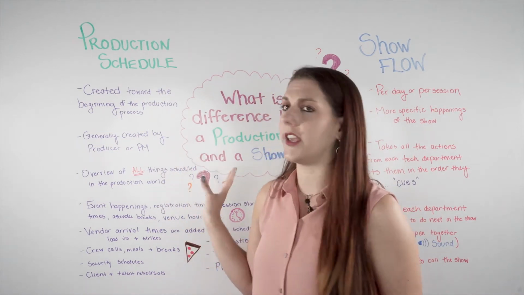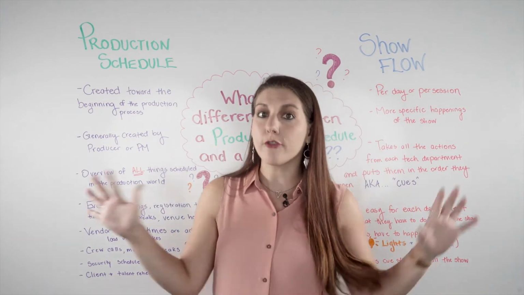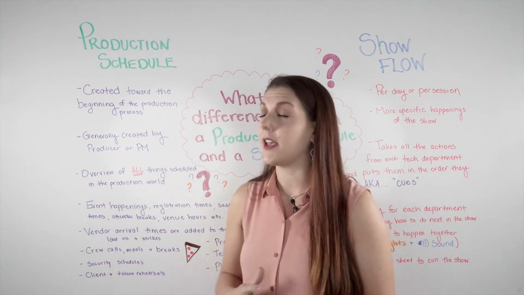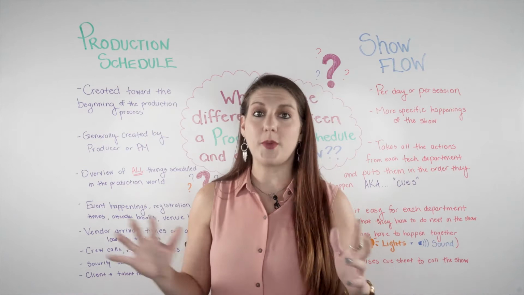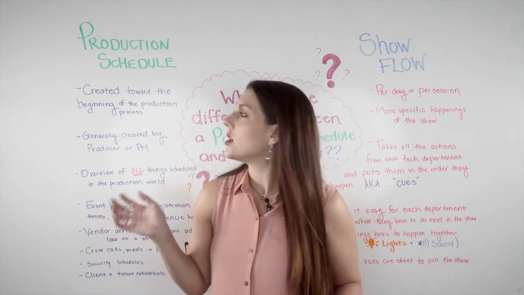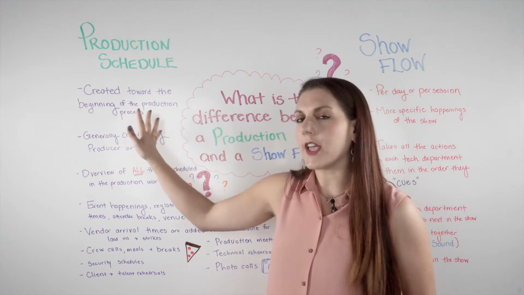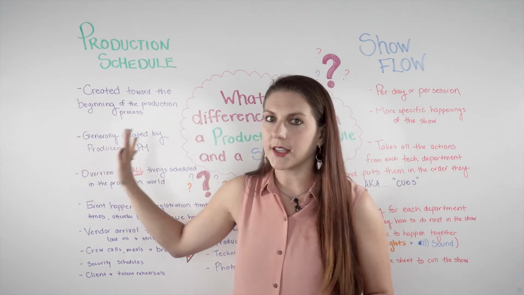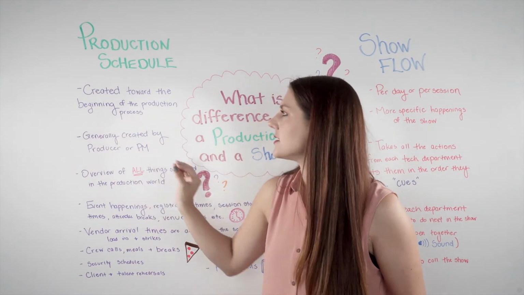The production schedule is a piece of paperwork that everybody in the entire production department on an event, and a lot of the clients and a lot of other people will actually get their hands on during an event process. So this is created towards the beginning of your production tech process, in the event process, in the planning process.